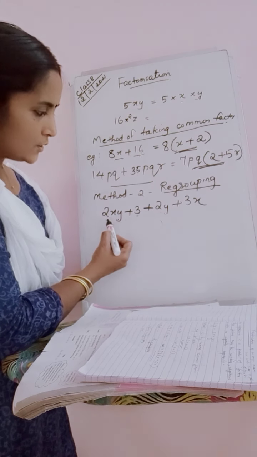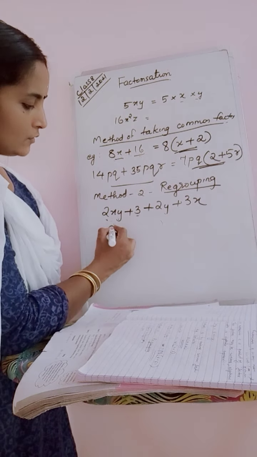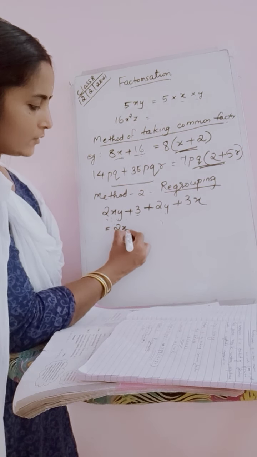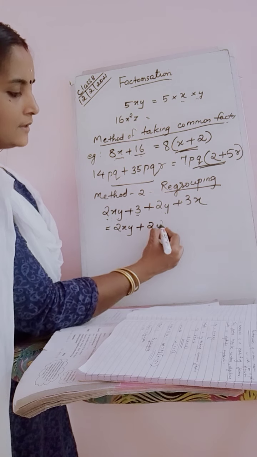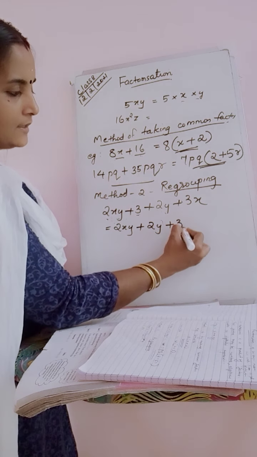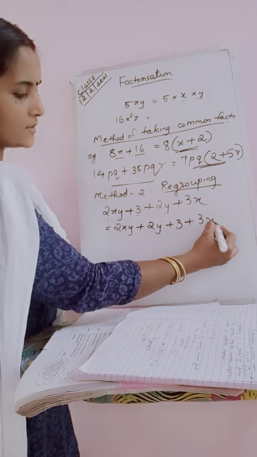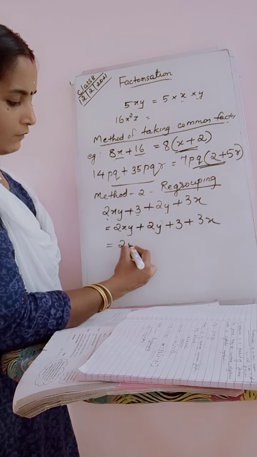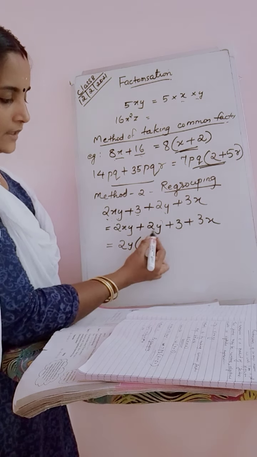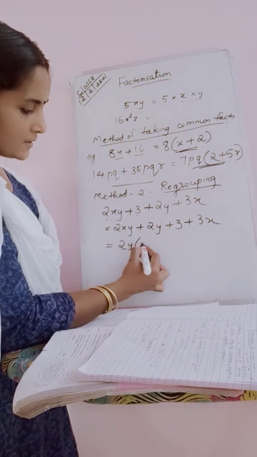So 2 and y are common. So we rearrange or regroup like this. Write the first term, then you write the third term, then write the second term, then 3x. Here 2xy and 2y, 2 is common, y is common. So 2y take outside, then x remains here.